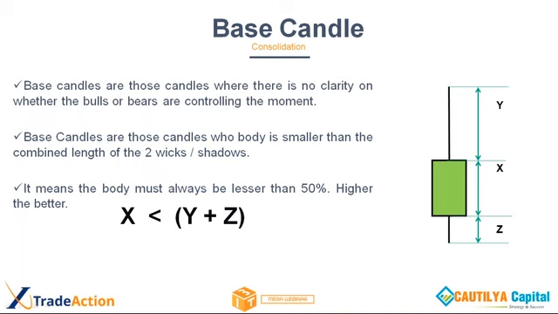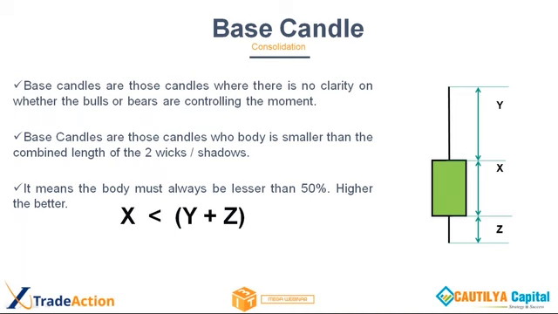Now the next candle is a base candle. Base candles are those candles where there is no clarity on who is in control, whether the bulls or the bears are ruling the game. They are the candles where the body is smaller than both the shadows put together. It means the body must always be less than 50%, exactly opposite to a momentum candle.